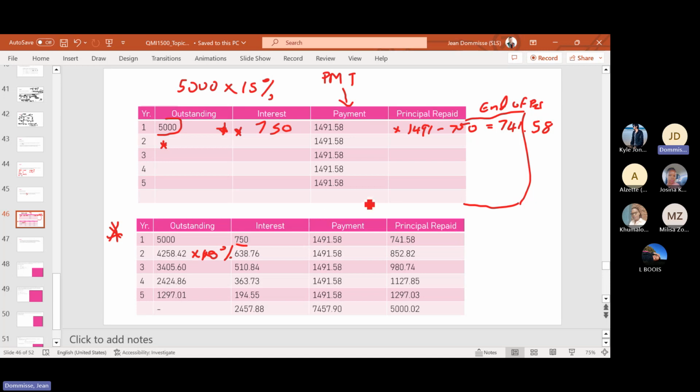So you can see here that as you go along the years, the interest that you're paying will become less and less and less. And basically, the amount that you're paying on your repayment is becoming more and more.